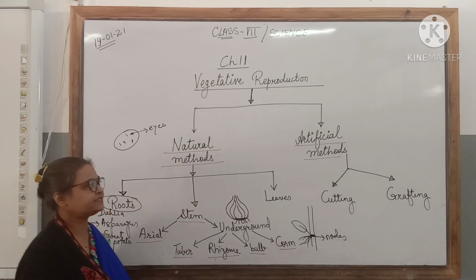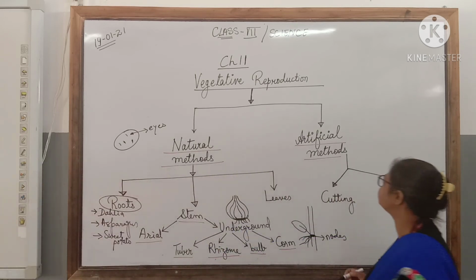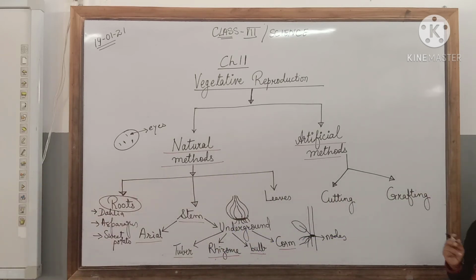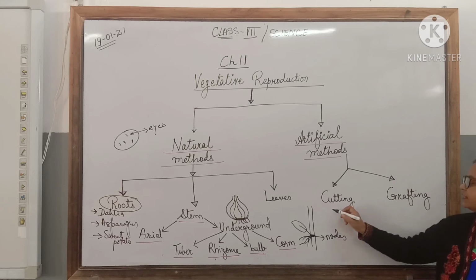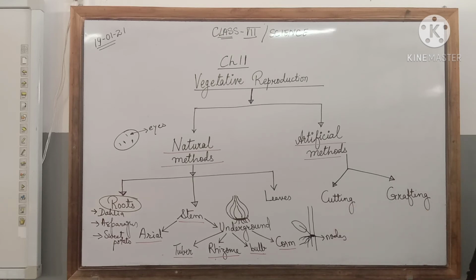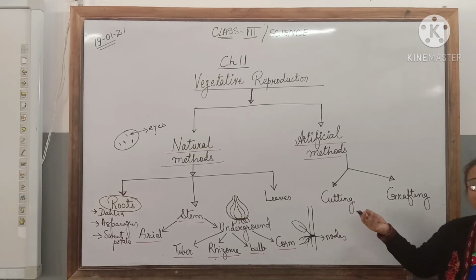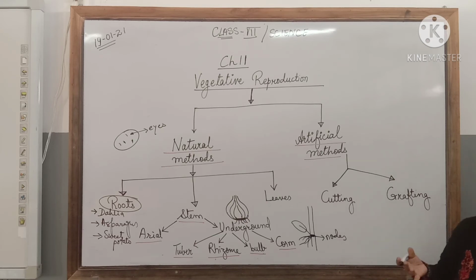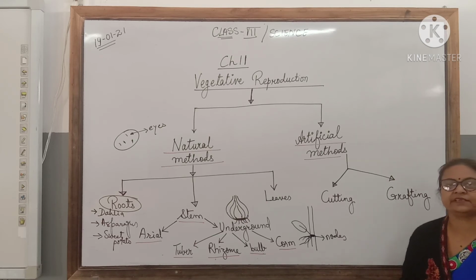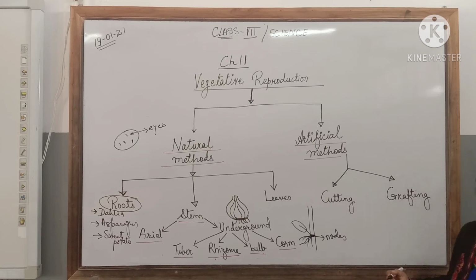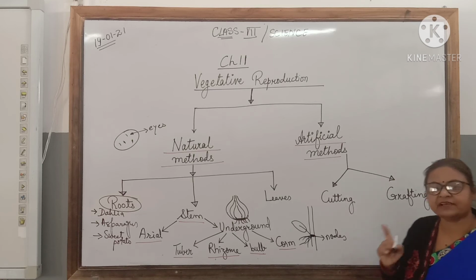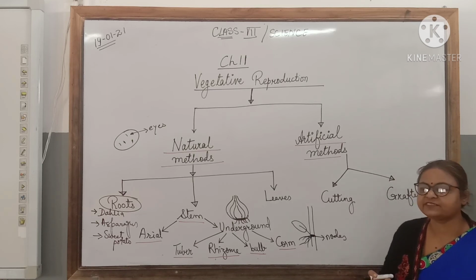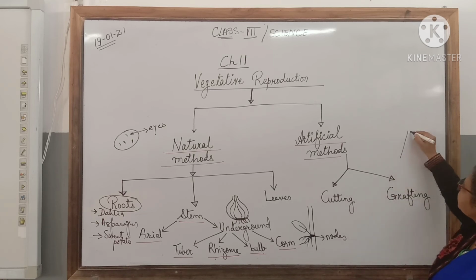Now coming to the next one, artificial methods of reproduction in plants. In artificial methods, the most common one is the cutting and grafting. Cutting we can also do at home. You must have planted rose plant with the help of cuttings. In this, the stem cutting is taken. The stem with nodes and internodes has to be selected, and that has to be cut in a slanting manner.